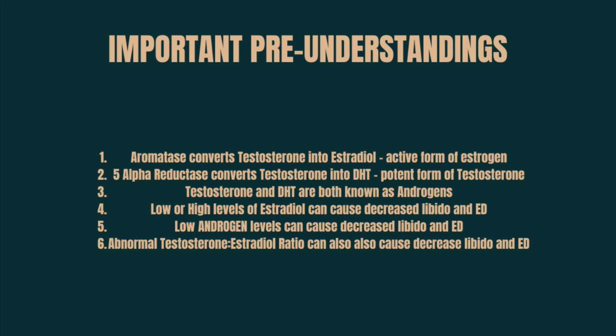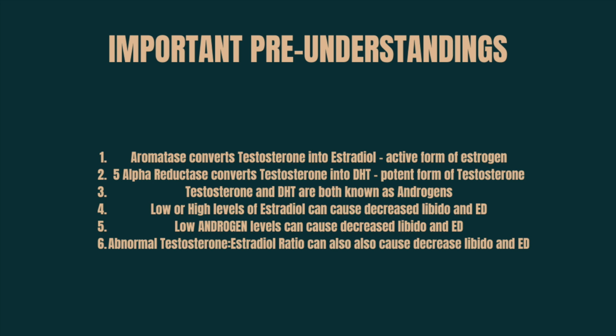Point number 3, testosterone and DHT are both known as androgens. So in a lot of the discussions today, I'm going to be referring to androgens instead of specifically talking about testosterone and DHT, because they both are important for male sexual health.